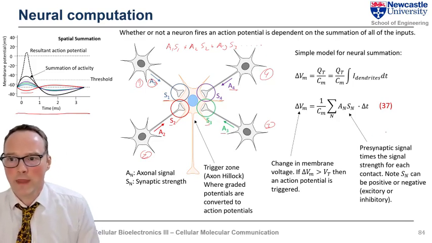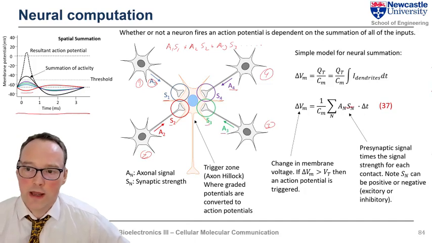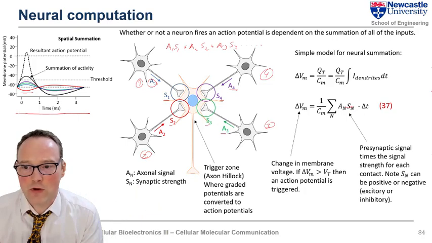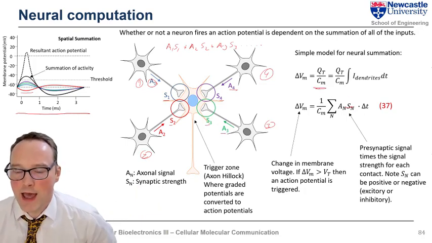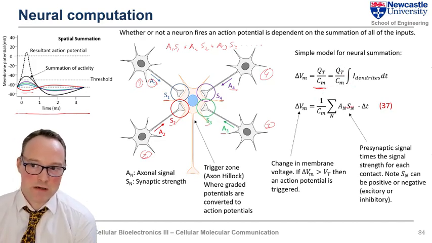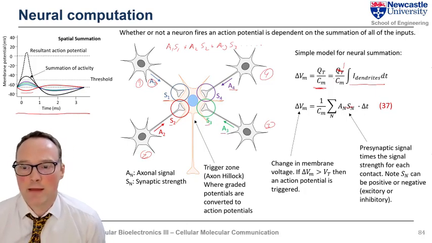And if we take our model of the neuron, which is that the voltage in a neuron is given by the total amount of charge coming into that neuron divided by the capacitance, this charge is the summation of the dendrites divided by the capacitance.